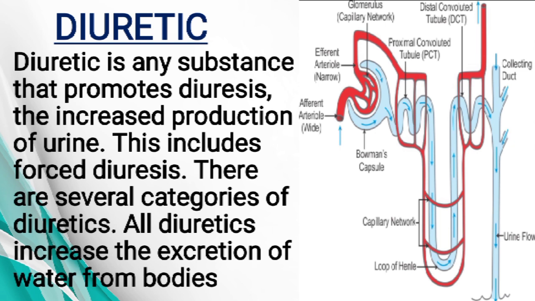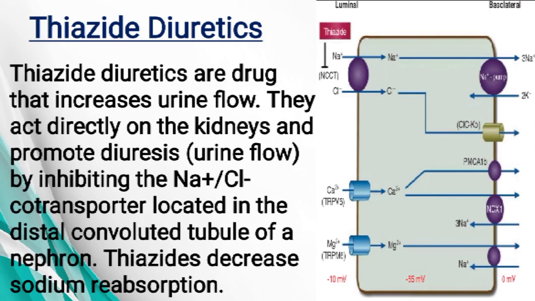The nephron is the functional unit of the kidney. There are different parts of the nephron.